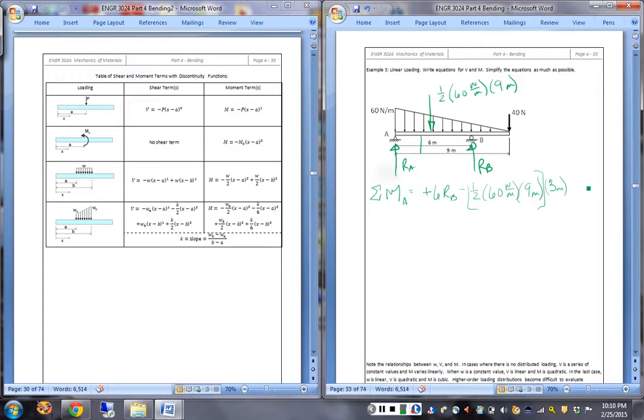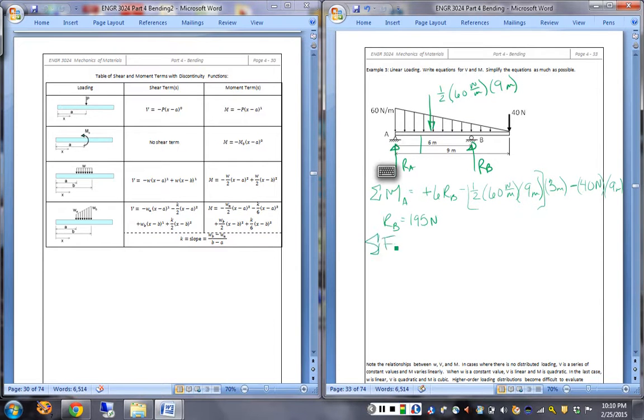We'll also have a term for the concentrated load at the end of the beam, negative 40 newtons at a distance of 9 meters. Simplifying, we see that the reaction at B is 195 newtons.